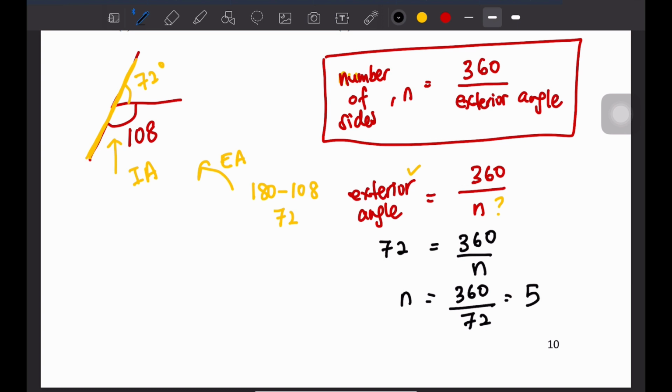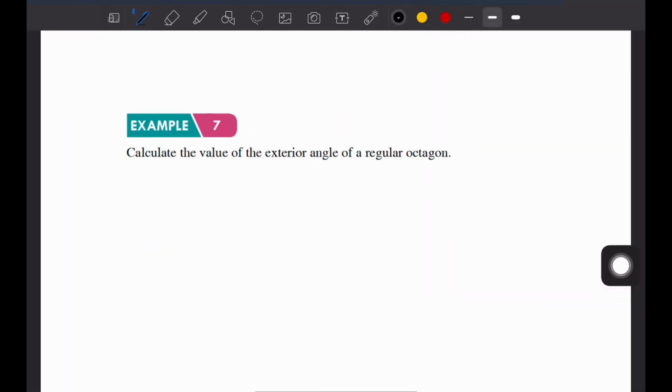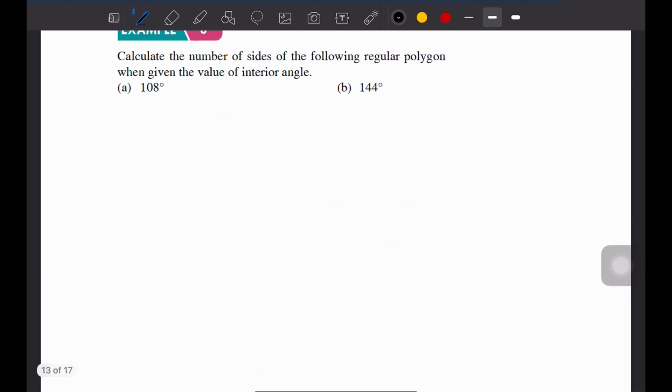This means if you have an interior angle of 108 and exterior angle 72, it has 5 sides, and this is a pentagon.